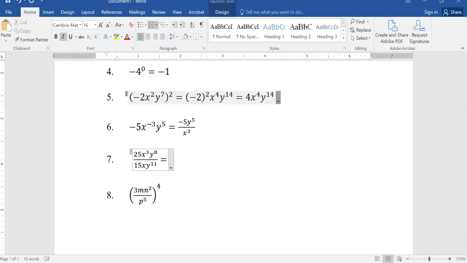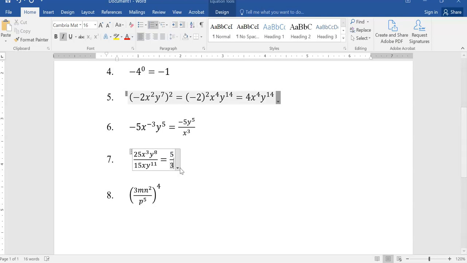In question number 7, this is basically a lot of quotient rules put together. So we're going to view this as 25 over 15. If you view 25 over 15 as a fraction to be reduced, what you end up with is the fraction 5/3. So again, this is an improper fraction of 5/3.